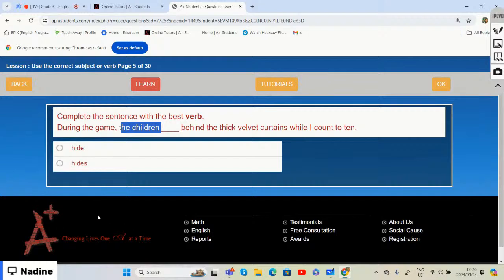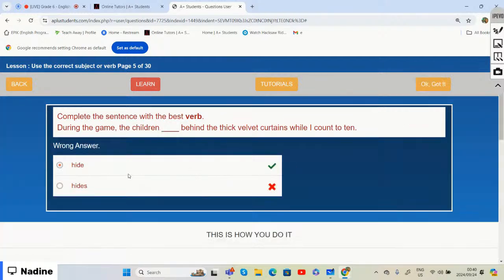Okay, so I'm going to choose option two for you guys, all right? So the children, I'm going to choose option two, hides. Guys, remember I said if our subject, which is, for example, the children, is plural, it refers to more than one person, more than one place, more than one animal, or more than one thing.